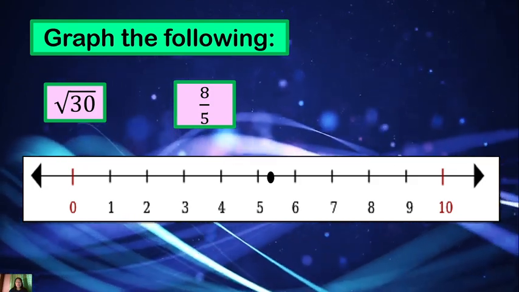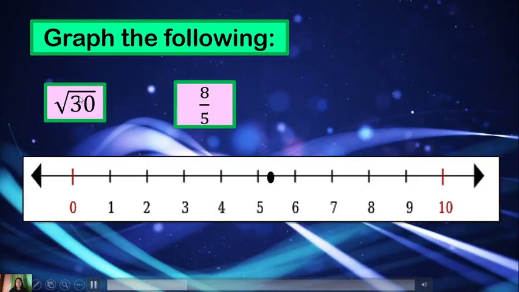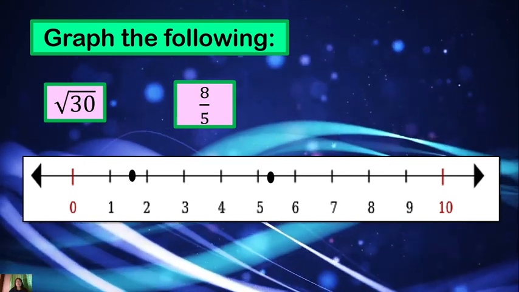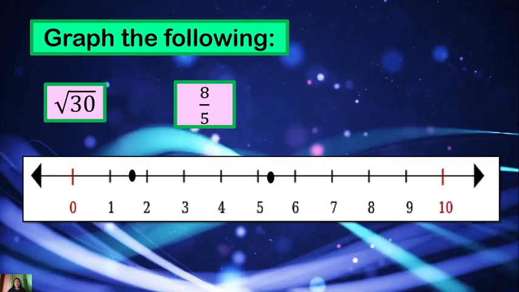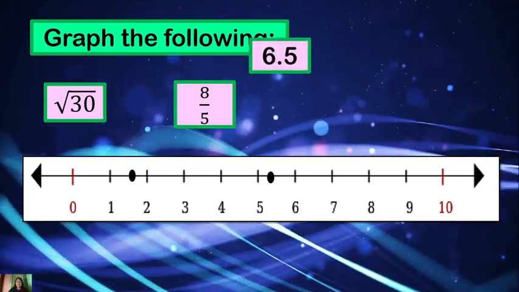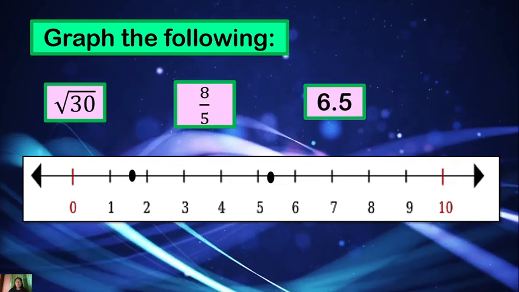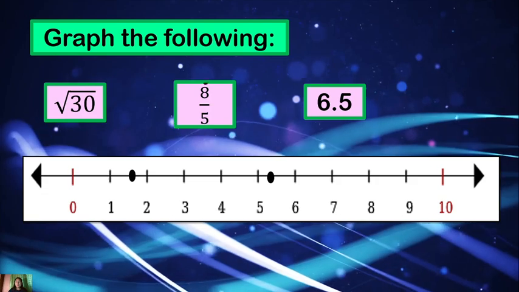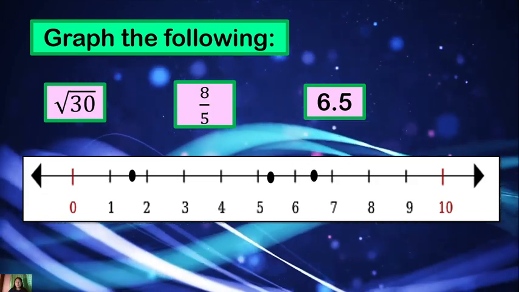So where would it be? It went past the halfway mark because it is 0.6. Next, we have 6.5. This is exactly between 6 and 7, at the center.